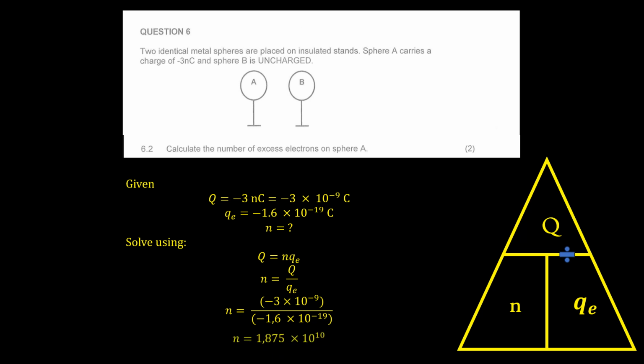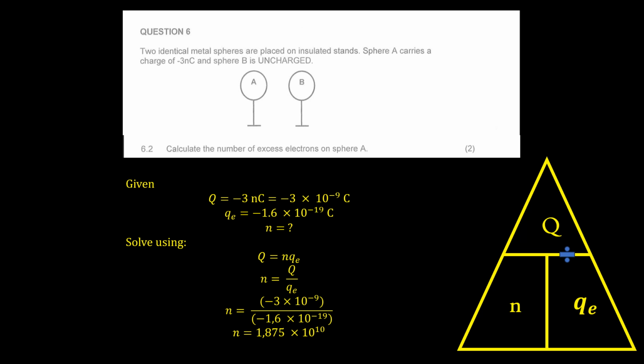If you put it in your calculator, it will give you a value of about 1.875 multiplied by 10 raised to the power of 10, meaning the excess electrons on sphere A are that many. It's a lot of excess charge.